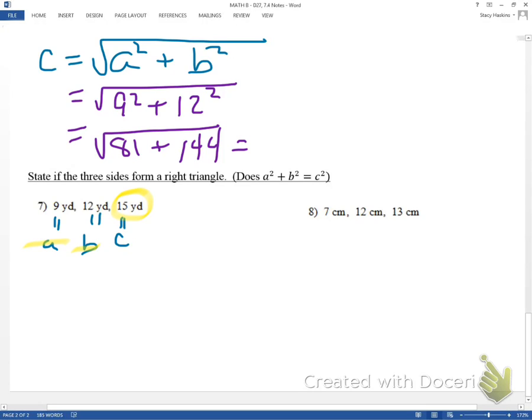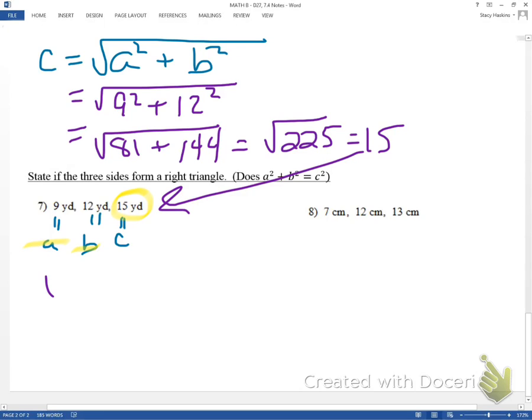I get the square root of 225. Take the square root of that value, and I get 15. So that's correct. 15 is 15. So yes, number 7 is a right triangle.